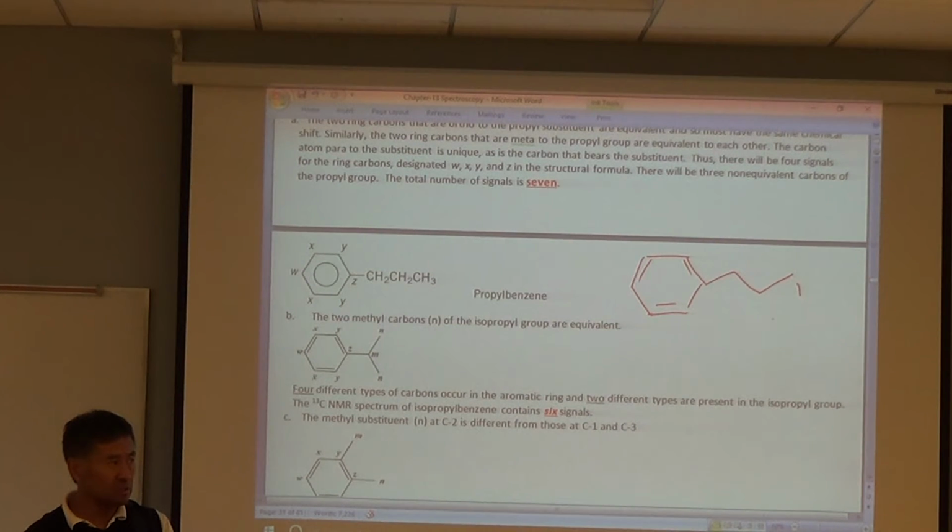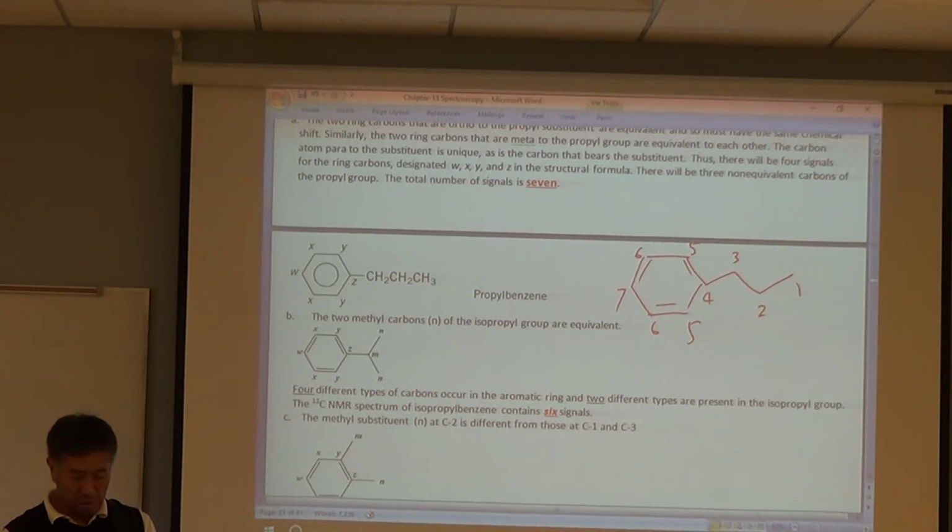This will be one signal. This is a different carbon. There's another carbon that will be different. And these 3 will be different. And 4 will be different. And 5, 6, and 7. And then this will also be the 5, and this will also be the 6. So you have 7 signals on the carbon-13 NMR.